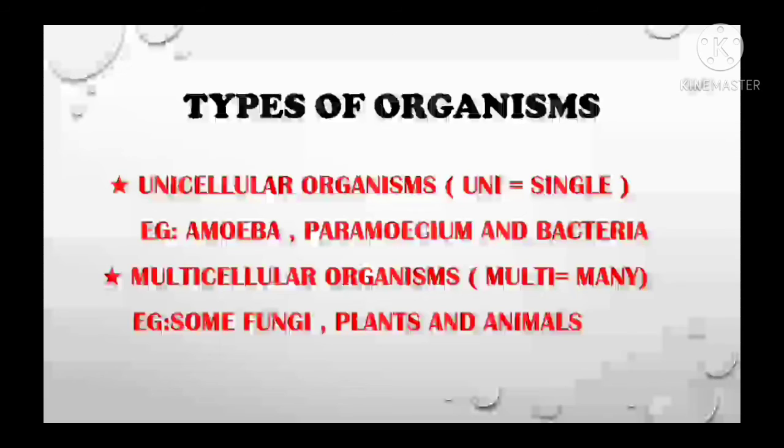For example, amoeba, paramecium, and bacteria, etc. In the same way, the word multi refers to many. So multicellular organisms means organisms which consist of many cells. Examples: some fungi, plants and animals including human beings. But every multicellular organism comes from a single cell, that is the egg.